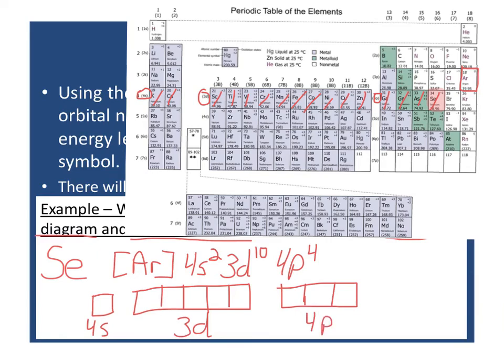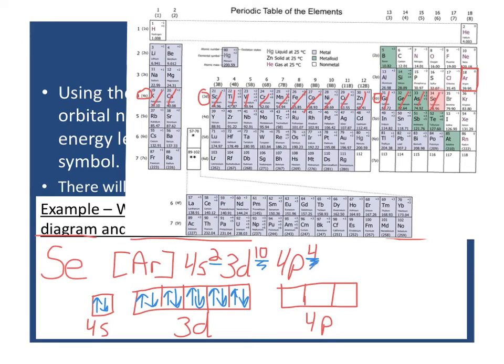Now I'm going to switch my color up a little bit, and I have to put in the number of electrons. 4s has 2 electrons, it gets an up and a down. 3d has the 10 electrons, it gets 10 arrows, 1, 2, 3, 4, 5, half fill first, 6, 7, 8, 9, 10.